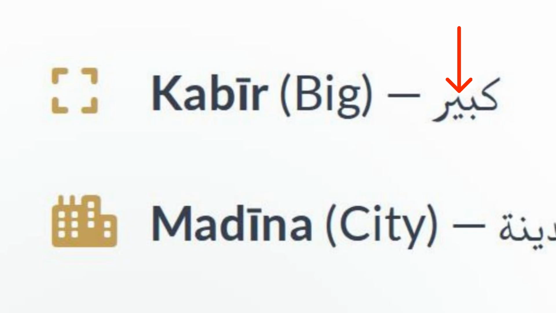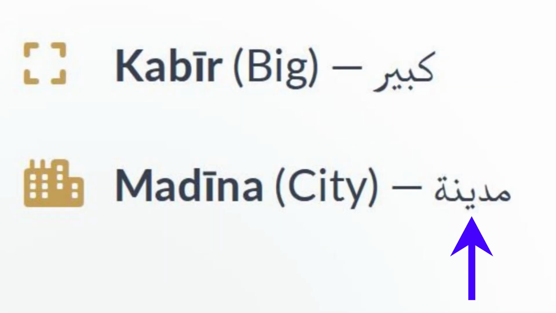Another example, Medina. We see the first letter mim, ma, and we have the second letter da, but we have ya next to it, so it will be di, Medina.